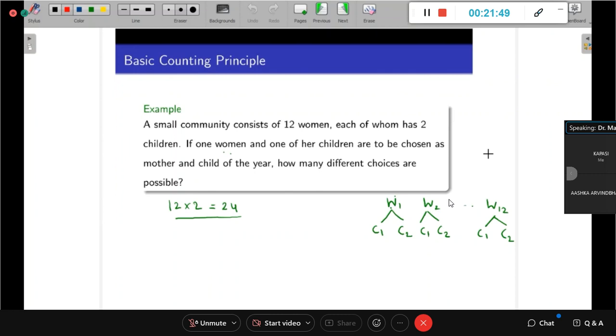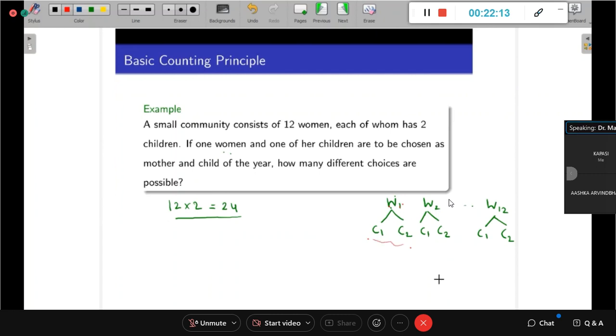It's obvious to sum up all the possible cases here. Suppose you focus on W1. W1 has 2 choices, so you have the pairs W1C1 and W1C2.